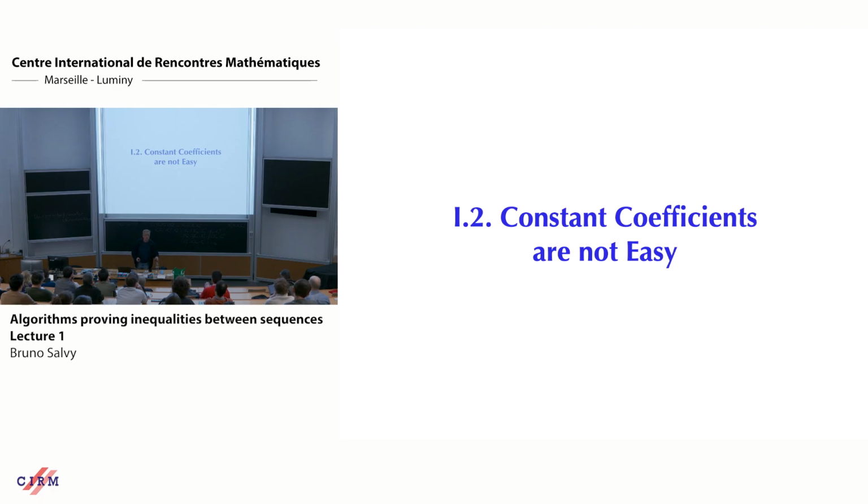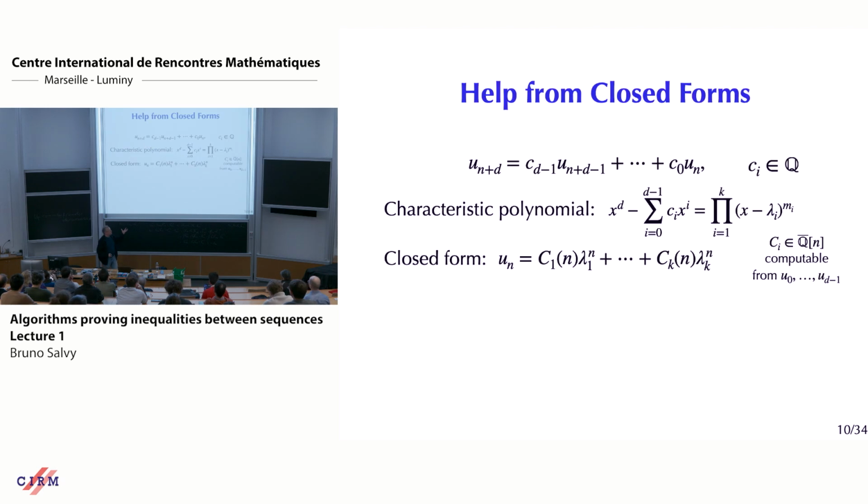Even with constant coefficients, the question is not simple. With constant coefficients, what you know is that you have a closed form, right? This is something we learned very early at school. You take your recurrence, you call this polynomial the characteristic polynomial of the recurrence. You look at its roots, and what you know is that the general solution is of this form.